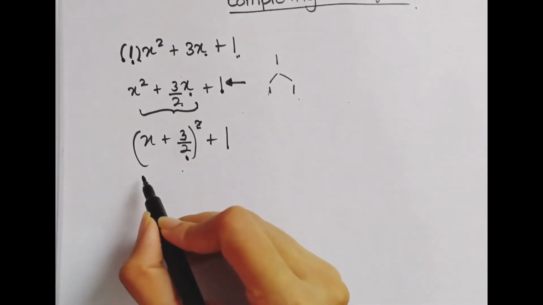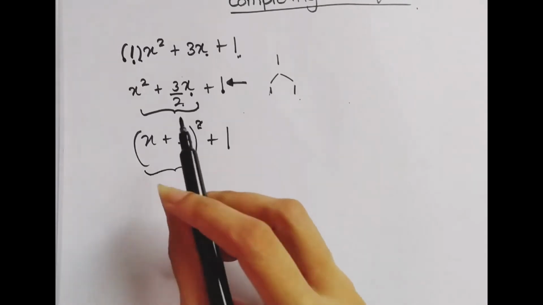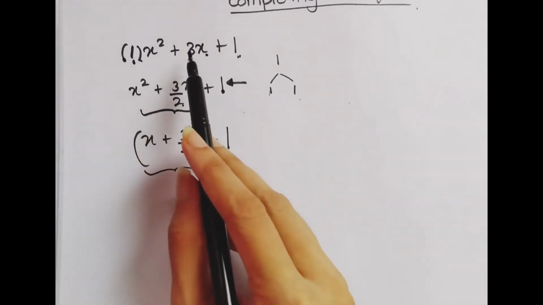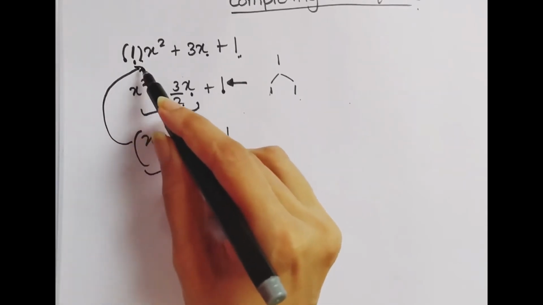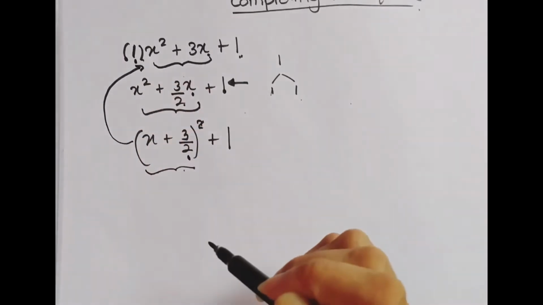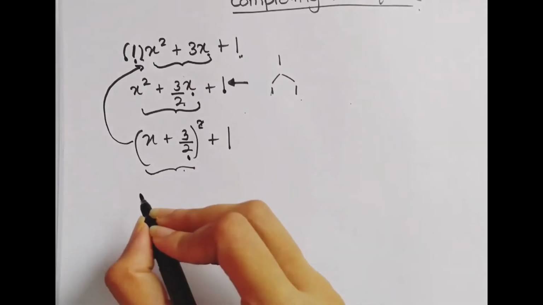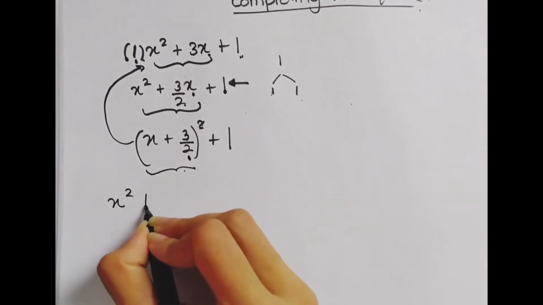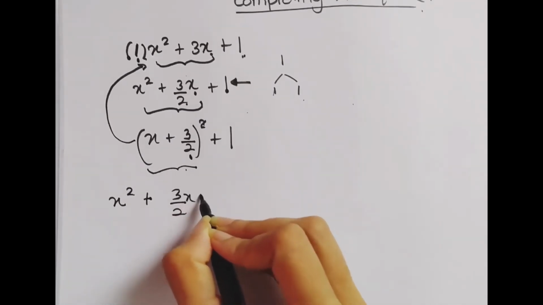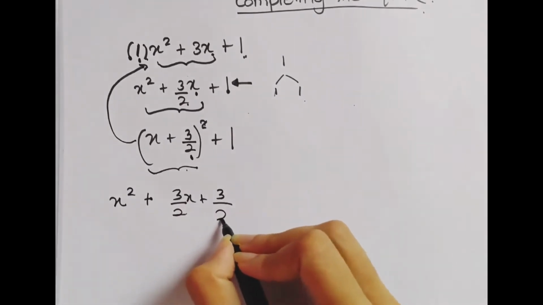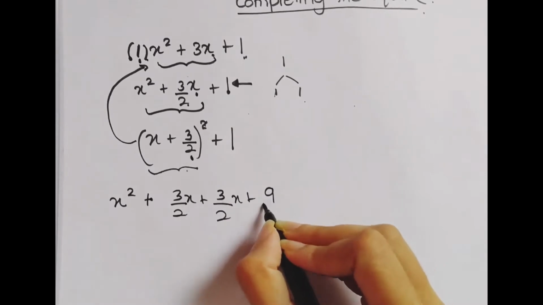Now, I will expand this and see whether I get x squared plus 3x. I'm going to expand this and see whether I will get these two terms. If I expand this, I'll get x squared plus 3 by 2 x plus 3 by 2 x plus 9 over 4.